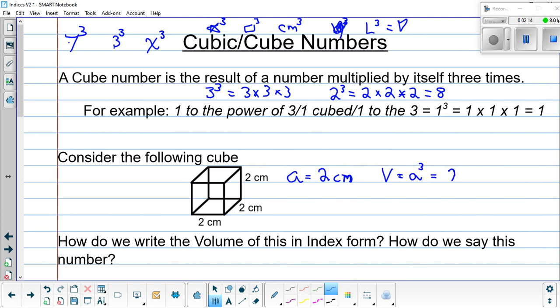So that's 2 centimeters all to the power of 3. We bring the 3 onto each term separately inside that bracket. So that is 8, because that's 2 times 2 times 2, and centimeters cubed, which is 8 centimeters cubed.